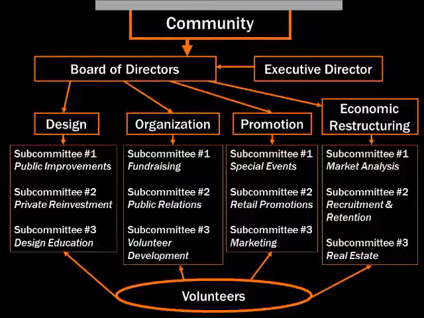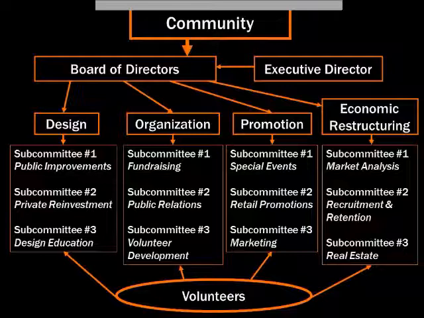The overall accountability of the program rests with the board of directors, which are all volunteers, 9 to 15 members typically, and we'll go through some of the roles of each in a minute. Under the board are 4 committees, one for each point, which then can be subdivided into separate subcommittees to address individual projects.